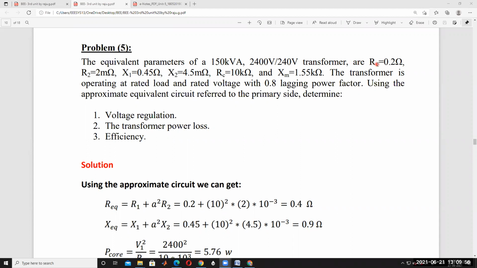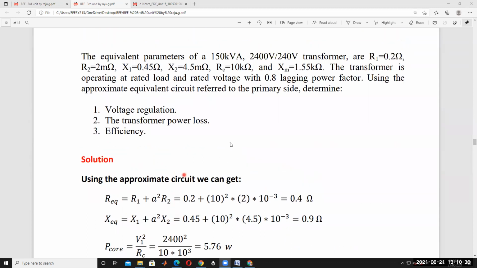R1, the primary winding resistance, is 0.2 ohms, R2 is 2 milliohms, X1 is 0.45 ohms, X2 is 4.5 milliohms, RC is 10 kilo ohms, and XM is 1.55. These are the different parameters of the transformer equivalent circuit. The transformer is operated at rated load and rated voltage with 0.8 lagging power factor. Using the approximate equivalent circuit referred to the primary side, determine the voltage regulation, transformer power loss, and efficiency.